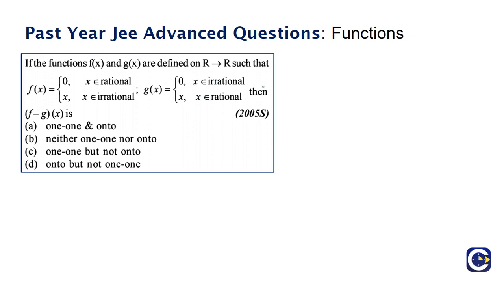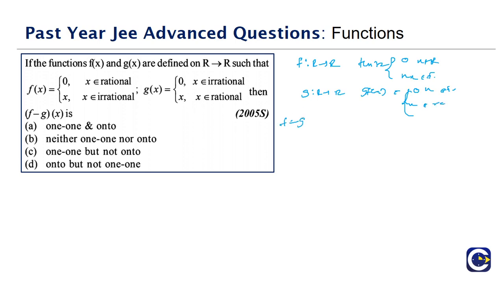So if you consider f from R to R such that f of x is equal to 0, x belongs to rational numbers, x belongs to irrational numbers. So g from R to R, g of x is equal to 0, x belongs to irrational numbers, x belongs to rational numbers.